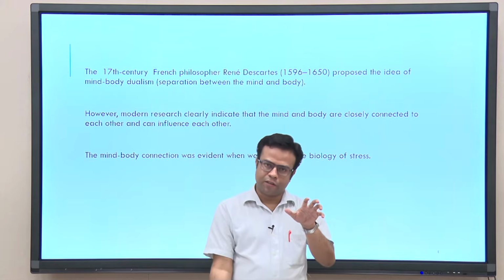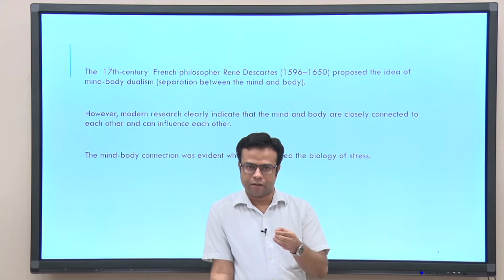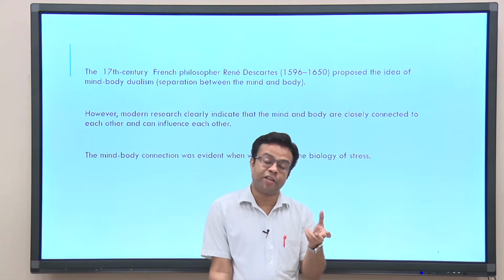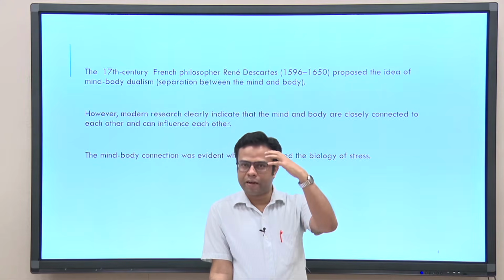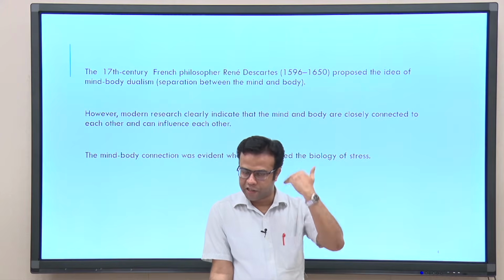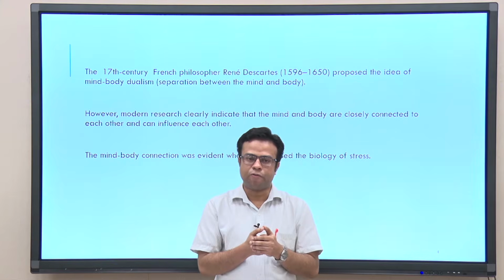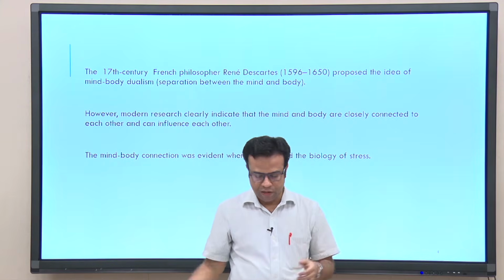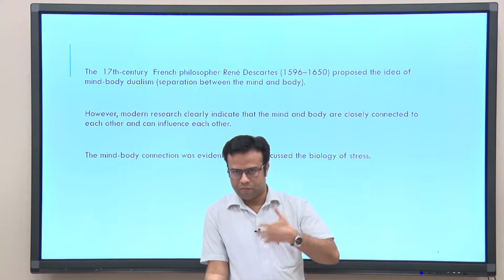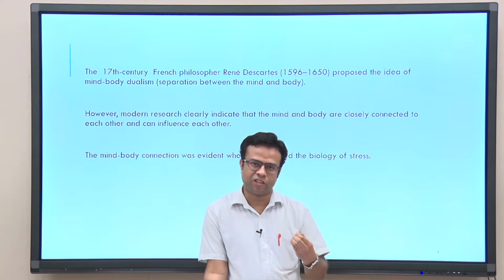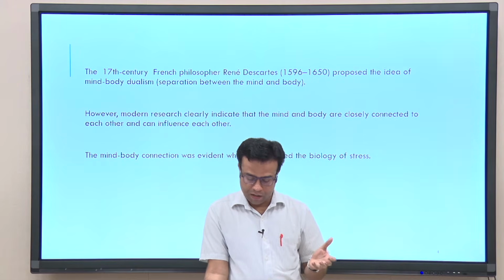Furthermore, when we discussed the physiology of stress in the last lecture, it was evident how mind and body are very strongly and closely connected to each other. We have seen when we experience stress at the mental level, how the mental experience of stress influences our body in so many ways and leads to the release of various hormones and impacts the various organs of the body such as the heart and the endocrine glands directly.